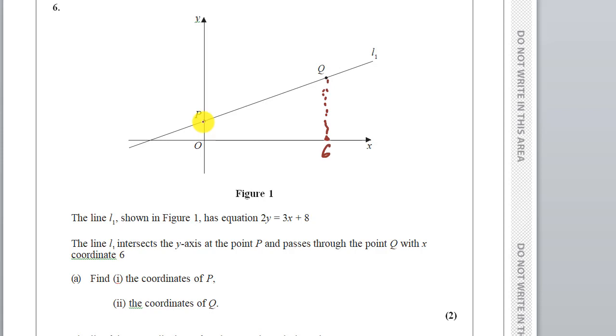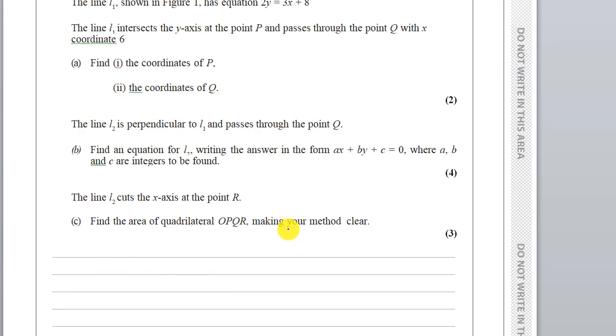For B, we have x equal to 0. So for x equal to 0, we can find B. So 2y equal to 3 multiplied by 0 plus 8.